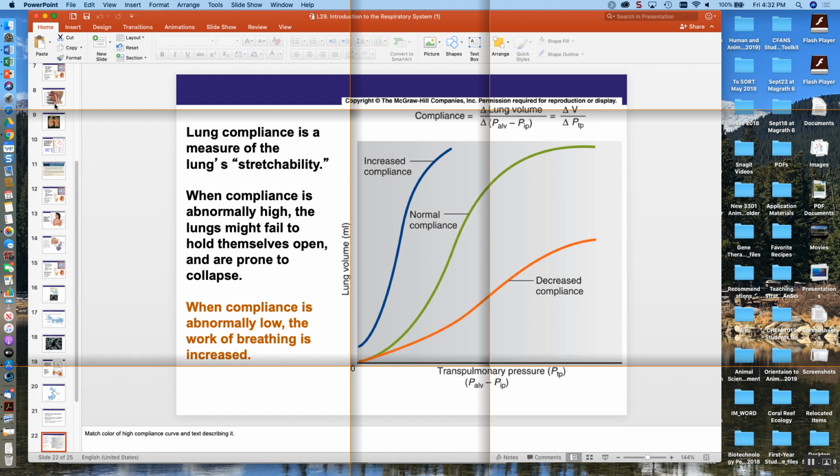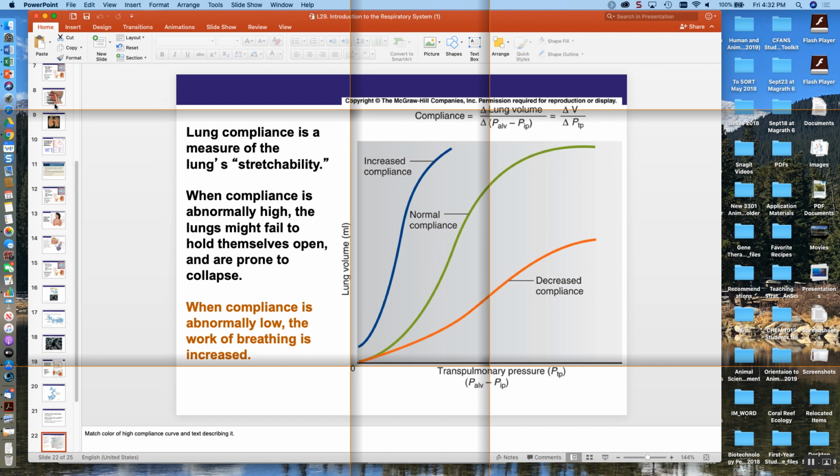If it just takes a little bit of a pressure gradient to make huge changes in volume, that's high compliance. Okay, so surfactant increases compliance. It increases the stretchability of the lung.